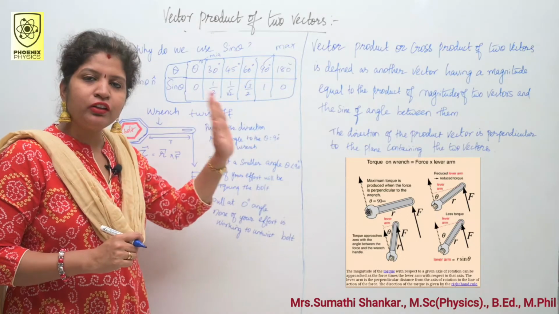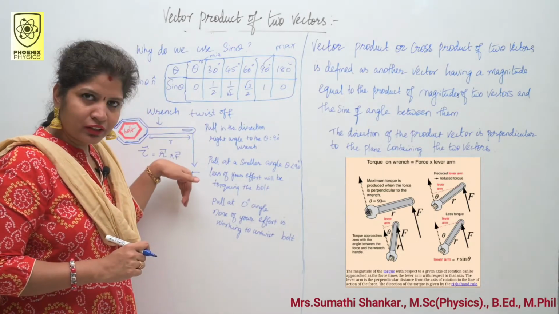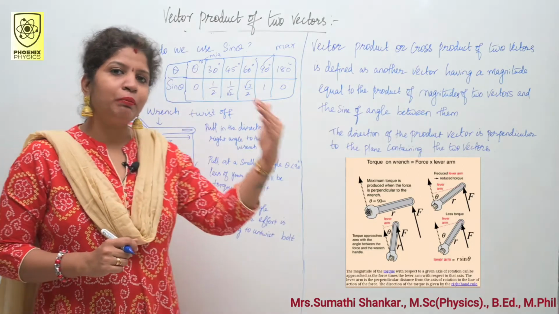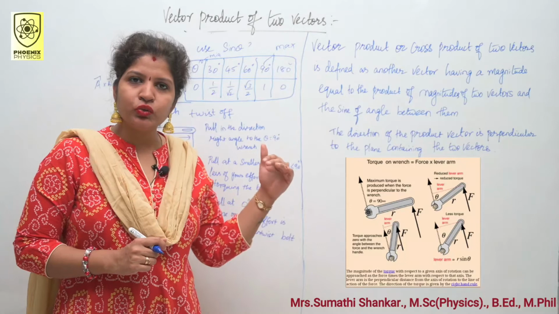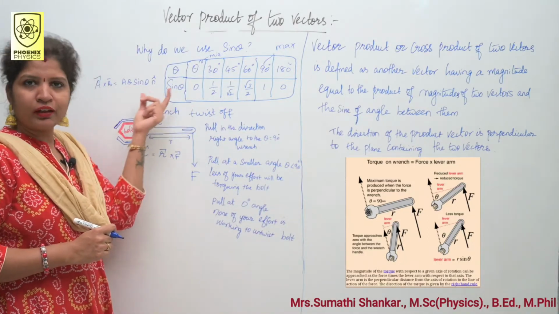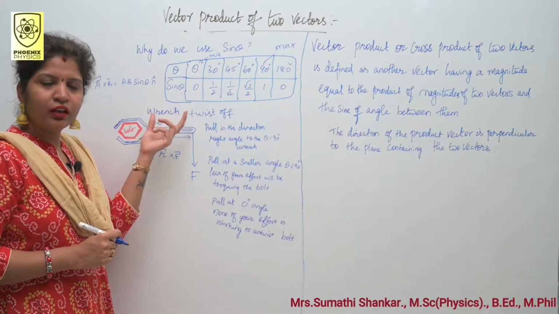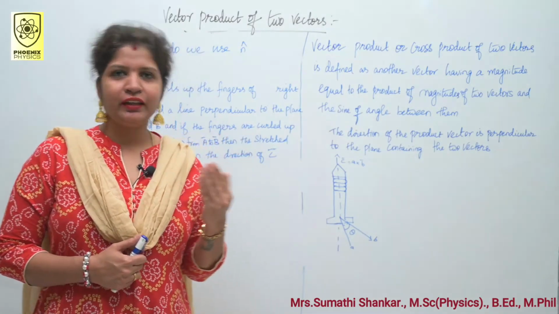If you apply the force perpendicular to the wrench, you get the maximum value. That is why we are using the sin theta component in the vector product. Up to this clear? My next question, why do we use n cap?